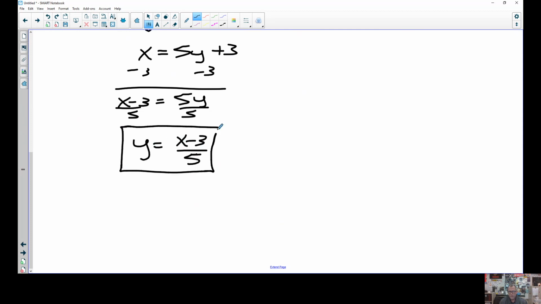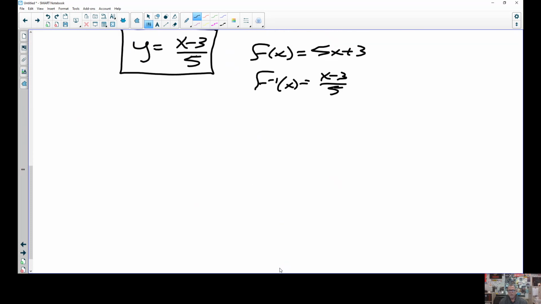We followed and done the first step. Now we have to prove that this is the inverse, right? So we've got f of x equals 5x plus 3, and we have f inverse of x, and these are both functions, so I can use this notation. That is x minus 3 over 5. So now I have to prove this. So the second part of this problem is to verify, show, or prove, however they state it, that these two are inverses.